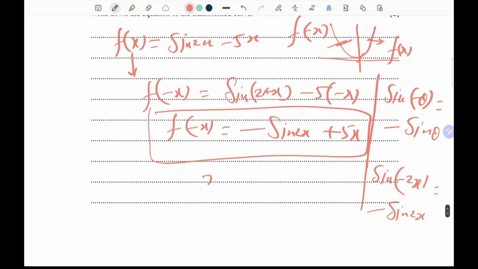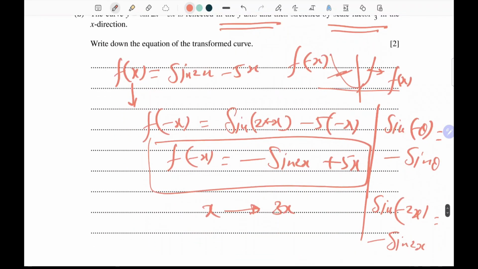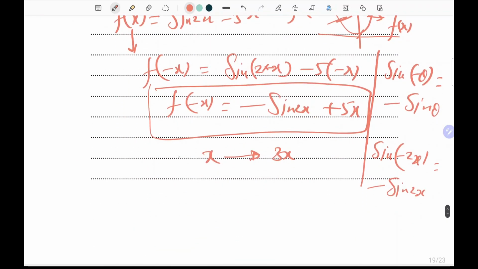In the x direction, it means x should be changed to 3x, because when it is the fraction 1 over 3, then we have to write 3x. Now just change this and this.